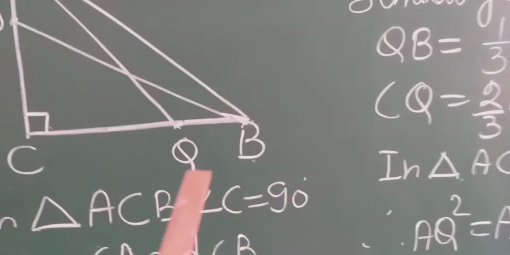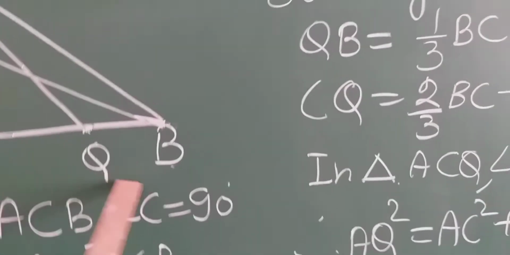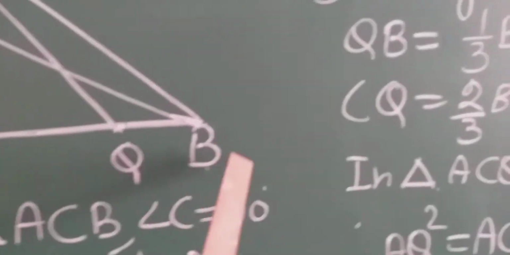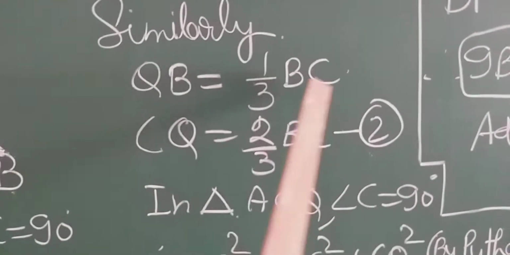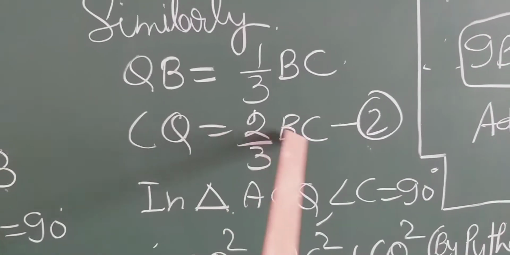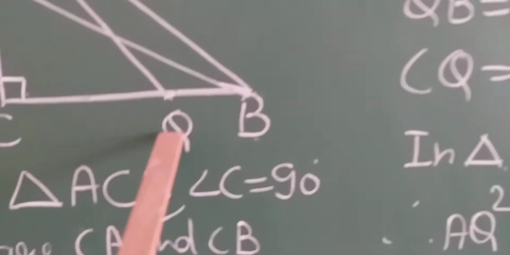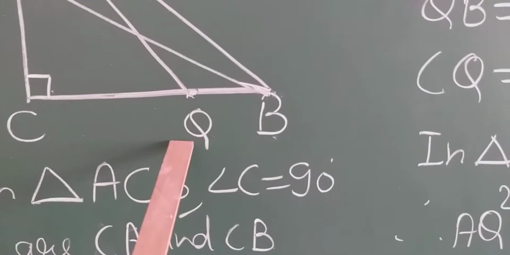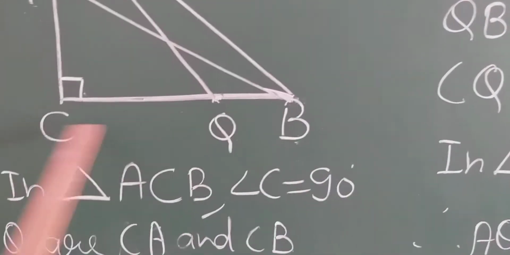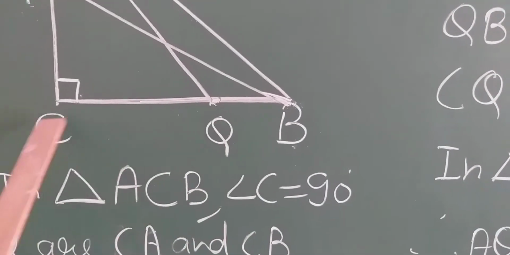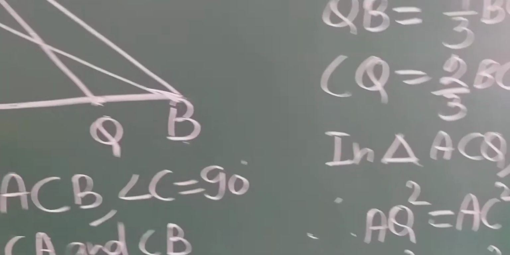Similarly, we can write QB equals 1 upon 3 BC and CQ equals 2 upon 3 BC.